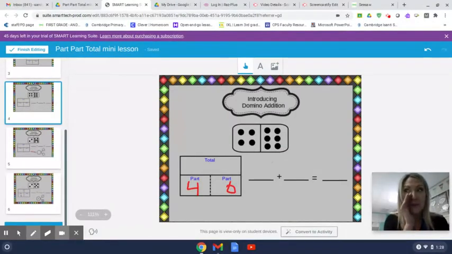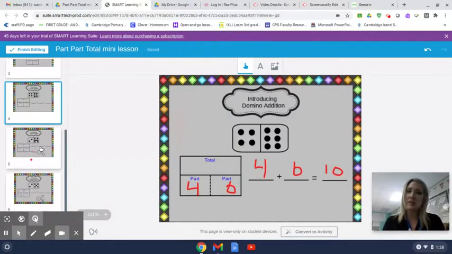Maybe you remember that 4 and 6 is a combination of 10. If you didn't remember, that's okay. Say 6, 7, 8, 9, 10. Number sentence looks like this. 4 plus 6 equals 10.